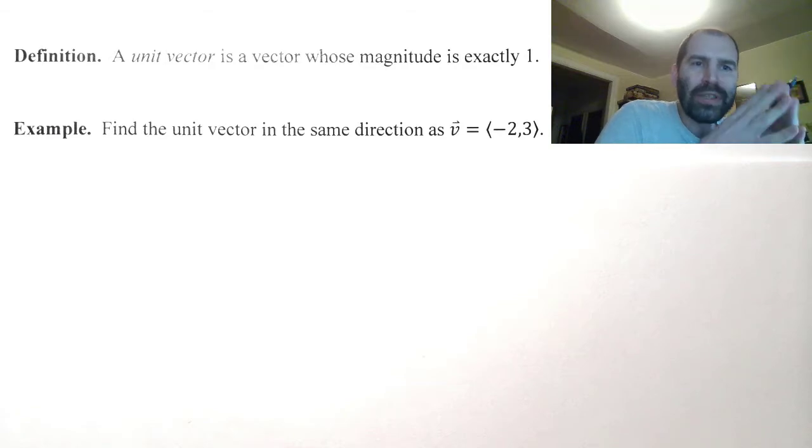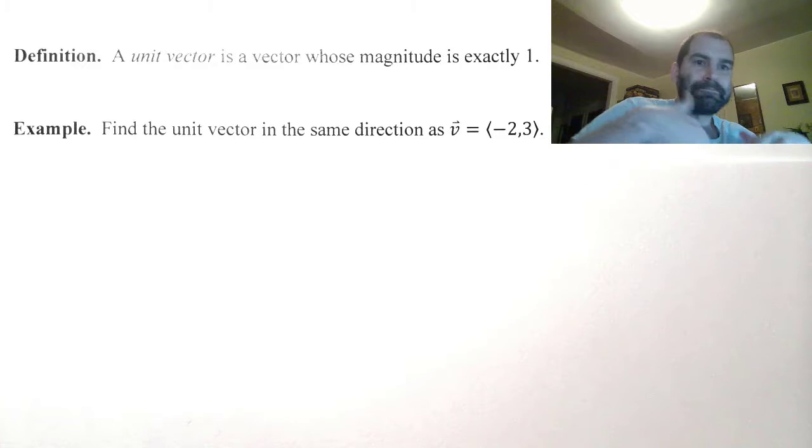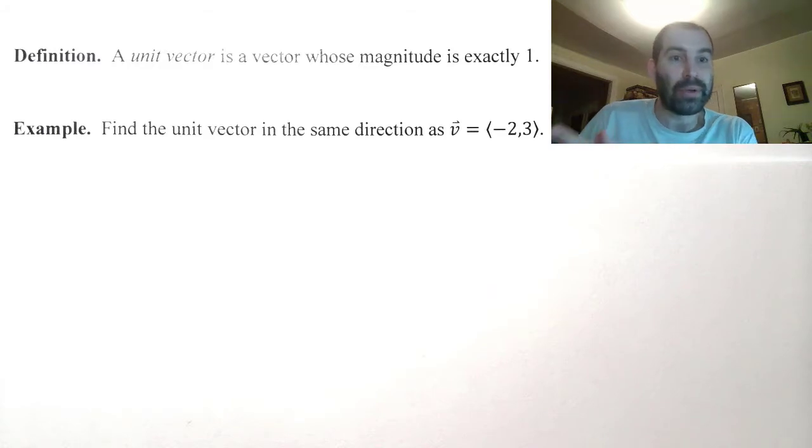If you remember what we said in the last video, we talked about what happens when we look at algebra of vectors. And one of the things we talked about was scalar multiplication. If I multiply the vector by a number, what happens? Well, we mentioned that if it's a positive number, the direction of the vector does not change. All that happens is that we change the magnitude.